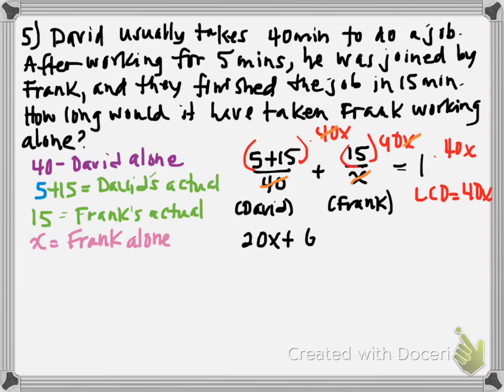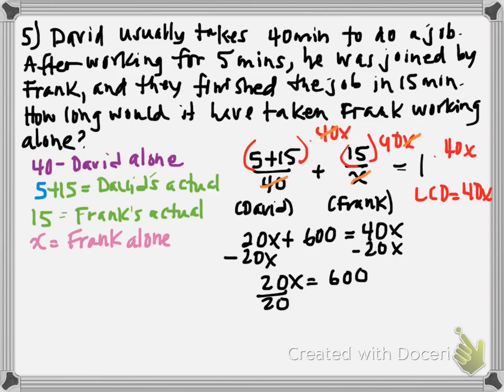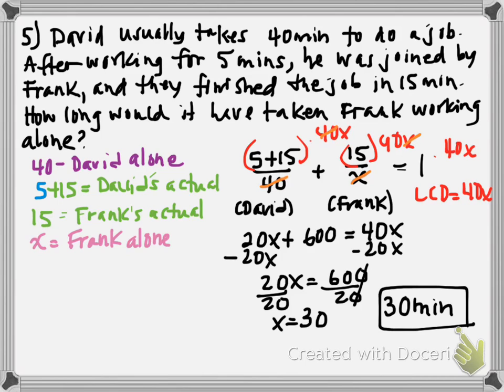Well, 15 times 4 is 60, and there's an extra 0, equals 40x. Subtract 20x from both sides. Use the symmetric property. The result is 20x equals 600. Divide by 20. Zeros cancel out, and we get x equals 30. So it would have taken, if Frank did the job start to finish by himself, 30 minutes.